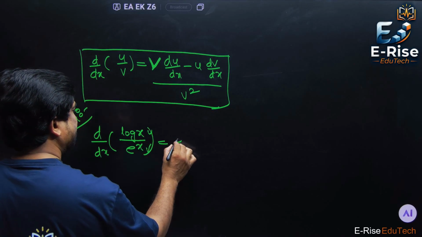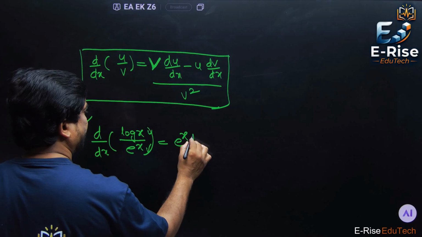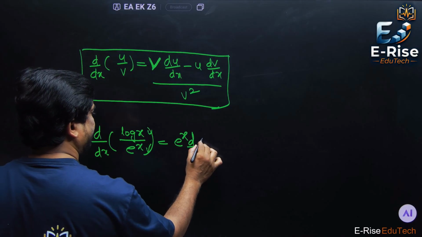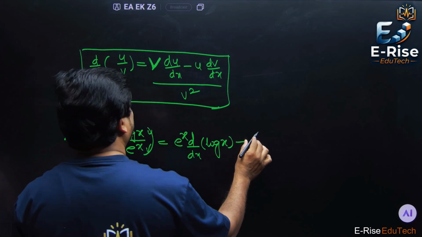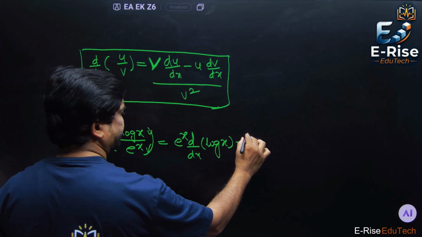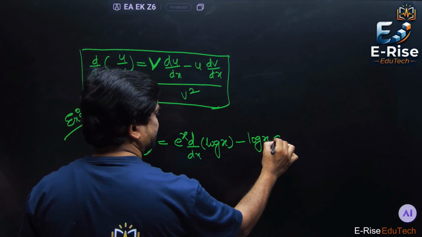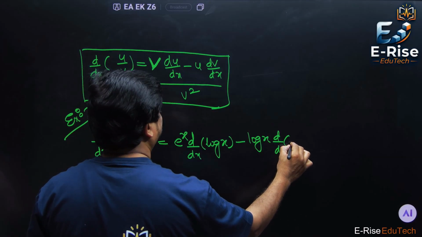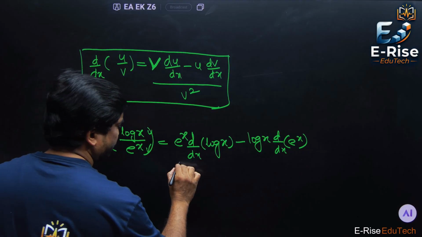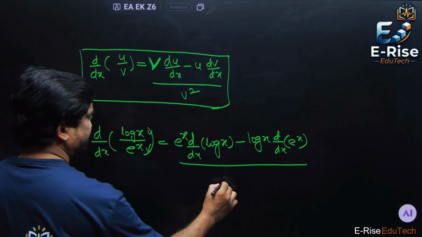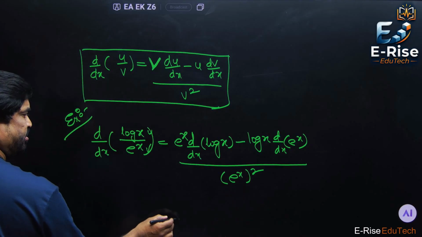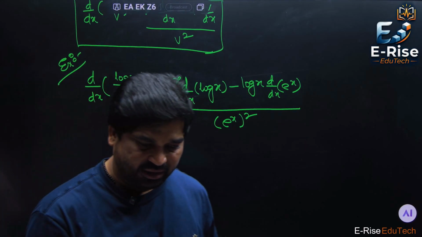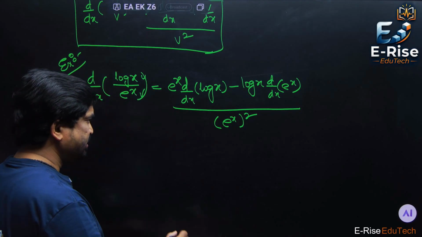So v into, means e power x into d by dx of u, means log x, minus u, means log x, into d by dx of v, which is e power x, whole divided by e power x whole square. So apply the formula and simplify it.